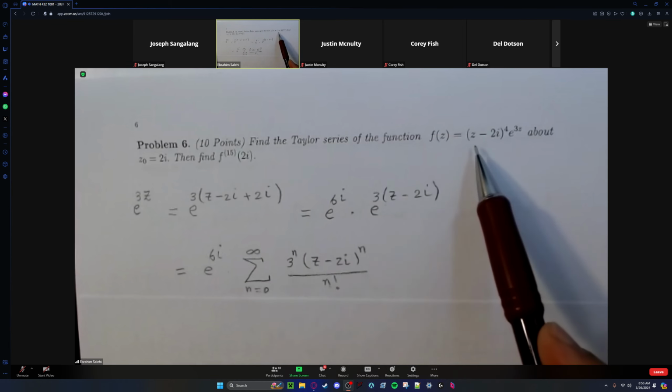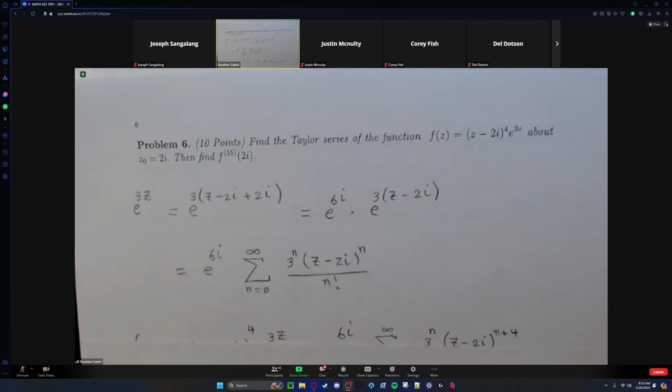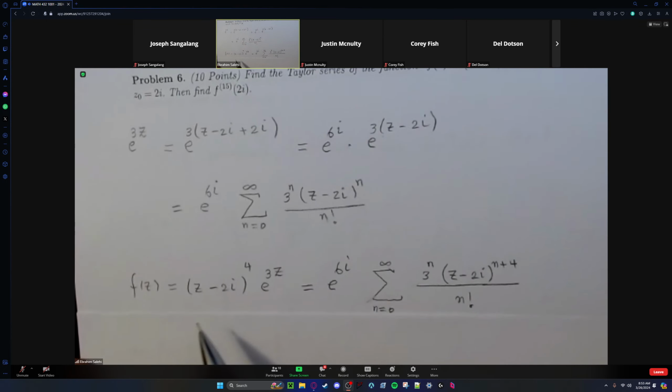Now you multiply by z minus 2i to the 4th, you get f of z. So z minus 2i to the 4th goes inside. All right, so here is the Taylor series of this function about 2i.